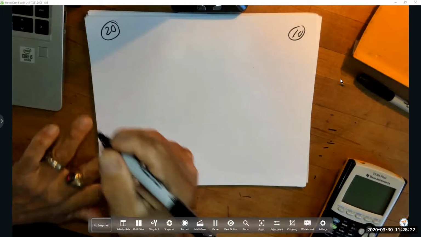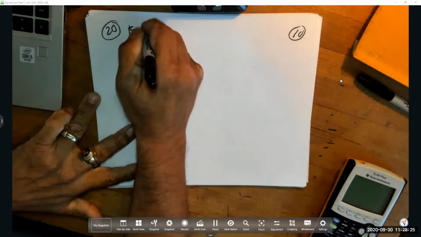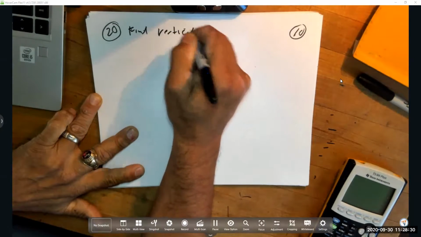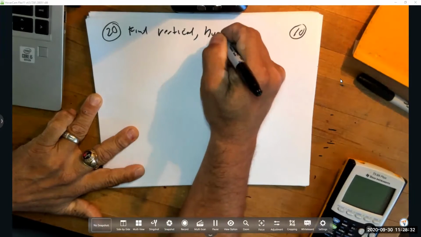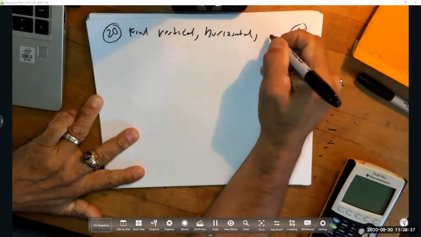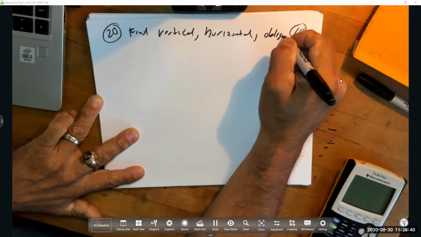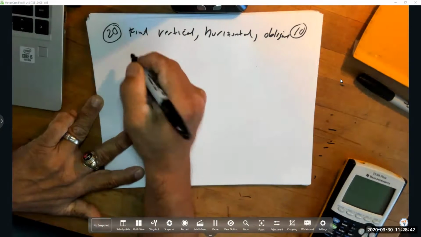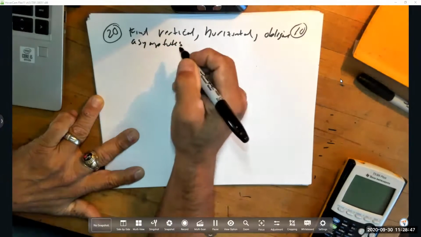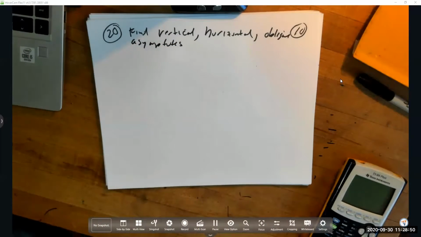It says find the vertical, the horizontal, and the obliques of asymptotes. All these words here: horizontal, vertical, oblique, asymptotes of the rational function. And then I'll just tell you what all that stuff is in a second.